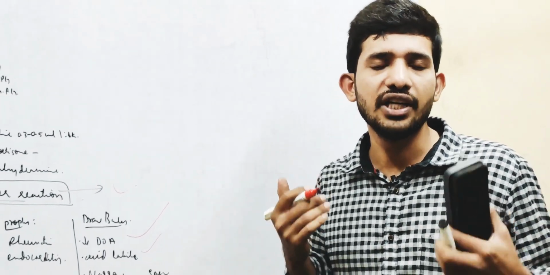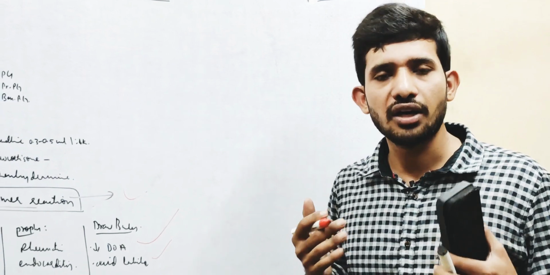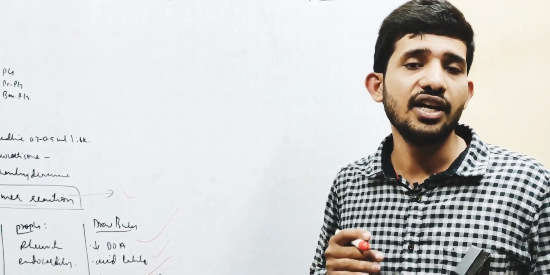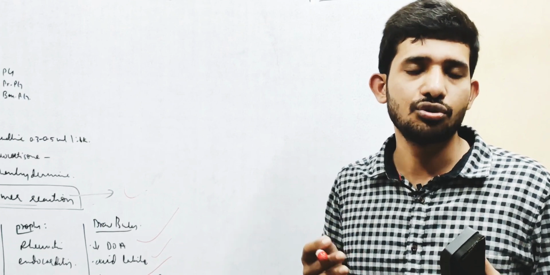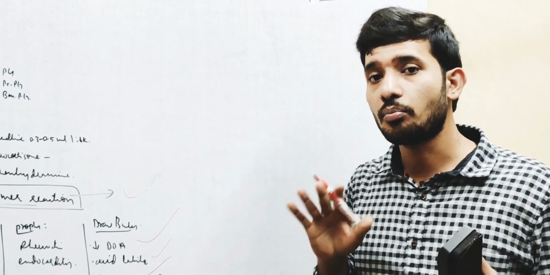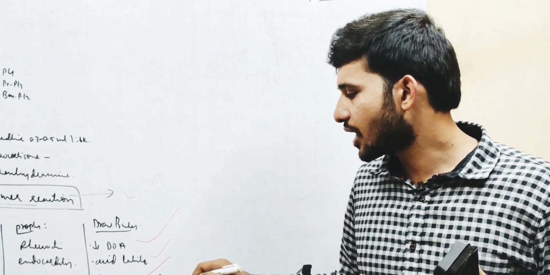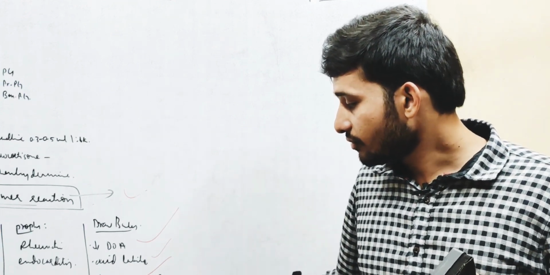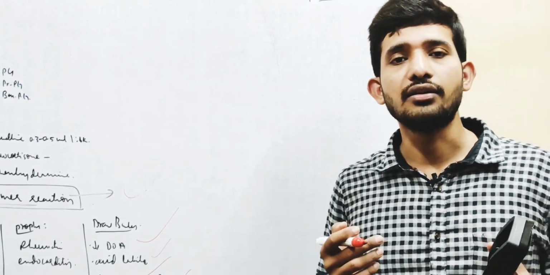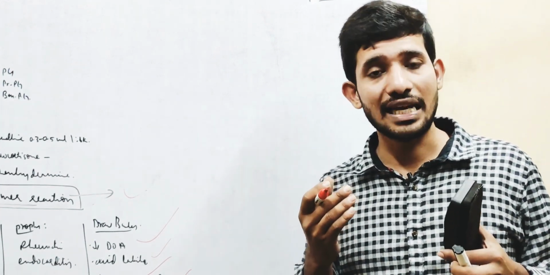Most of the time we need to give penicillins through the IV and IM route. And it has a very narrow spectrum, because it is commonly used in gram-positive bacteria only. That is another drawback. And a very important point: penicillins are destroyed by beta-lactamase enzymes.